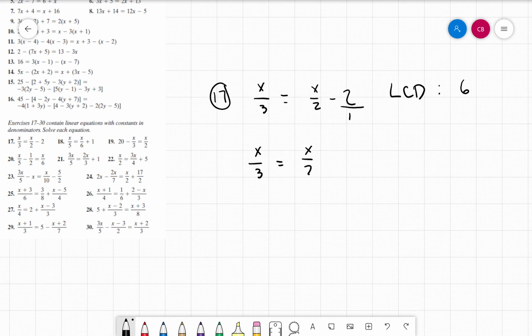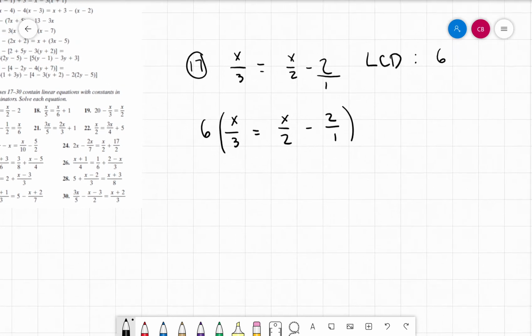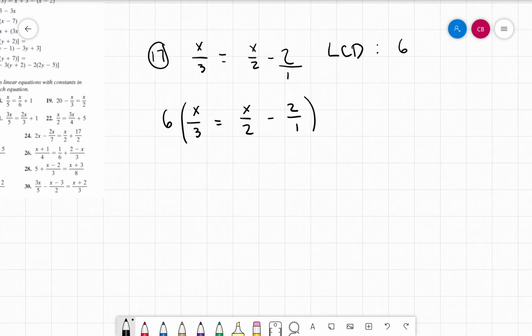then I can actually get rid of all of these fractions, and we'll just have a system of equations like the ones we did a minute ago. So we have 6x over 3 is equal to 6x over 2 minus 6 times 2 over 1.